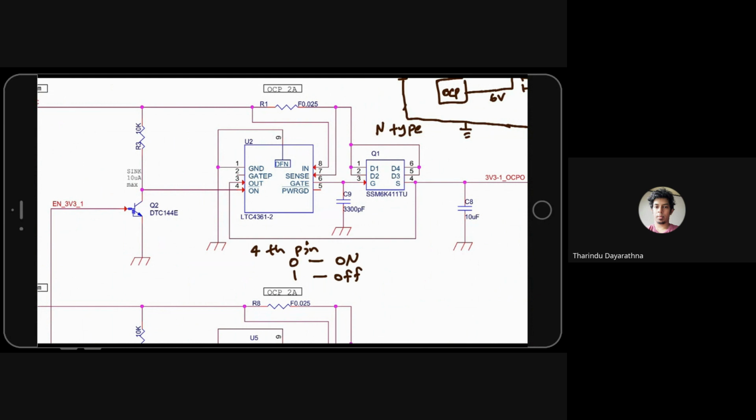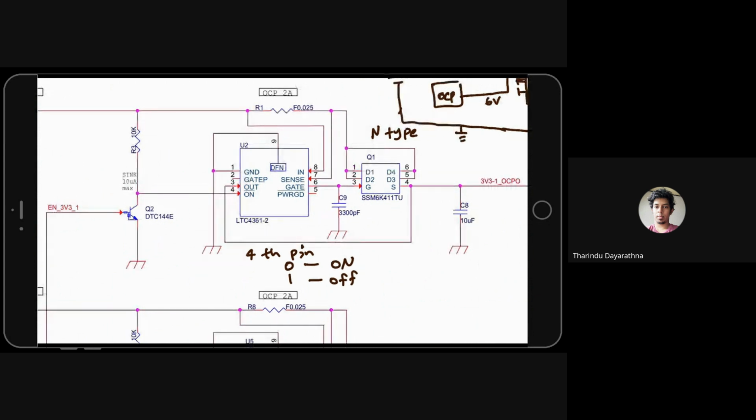Imagine a case where we don't have this part. To turn on, from the microcontroller we have to make this pin low, and to turn off, make this pin high. It's not matching, because normally when we say on it is 1, and off it is 0.